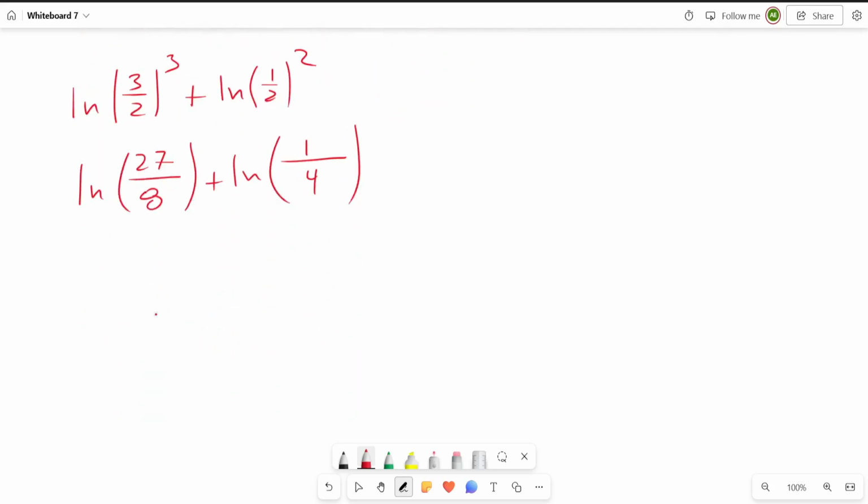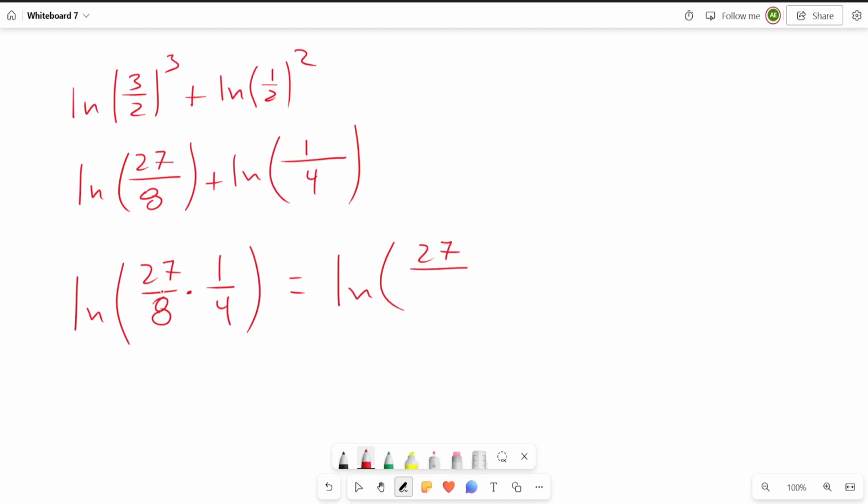And I know that this is equal to ln of 27 over 8 times 1 over 4. So this equals ln of 27 over 8 times 4, which is basically 32. And this is my final answer to this question.